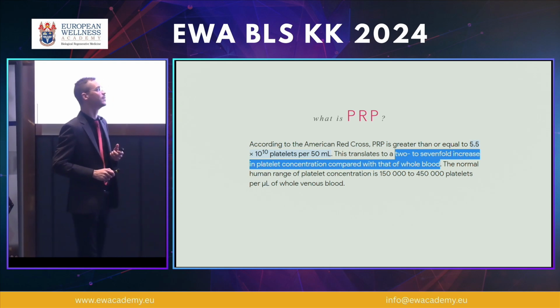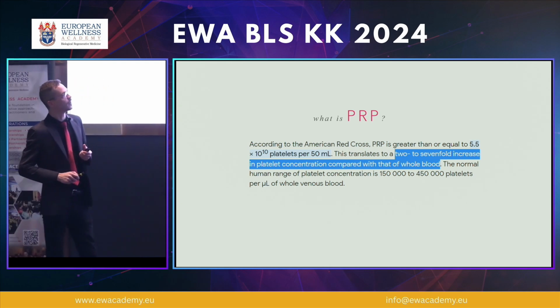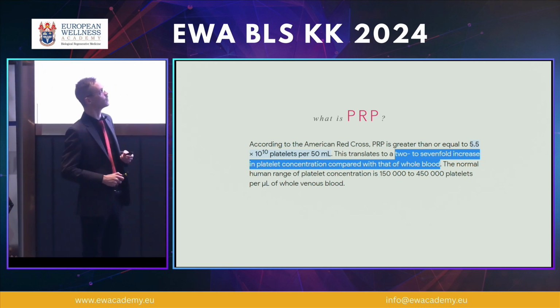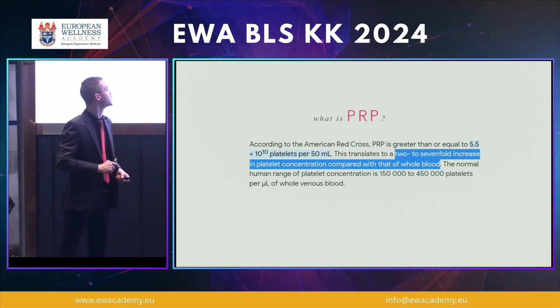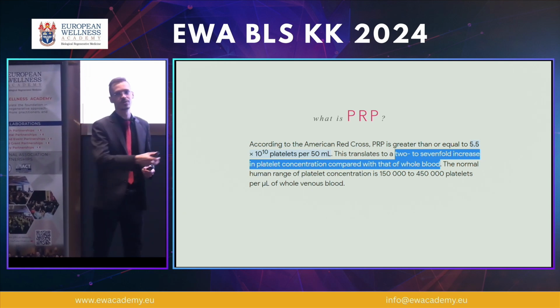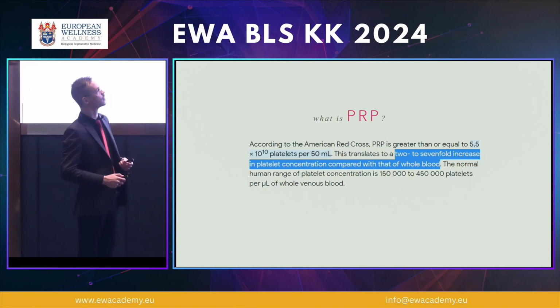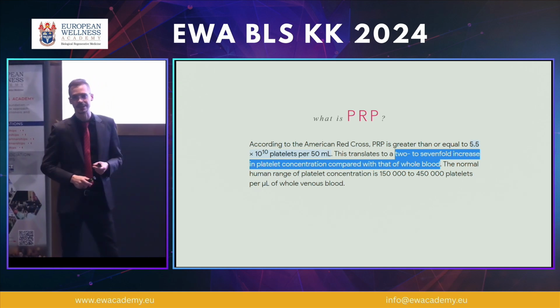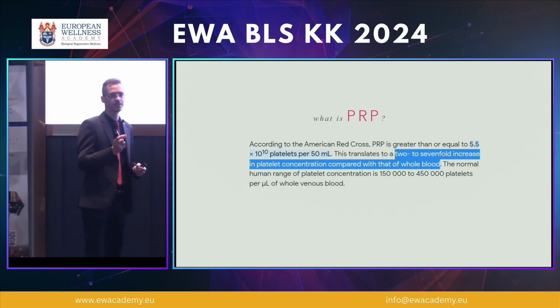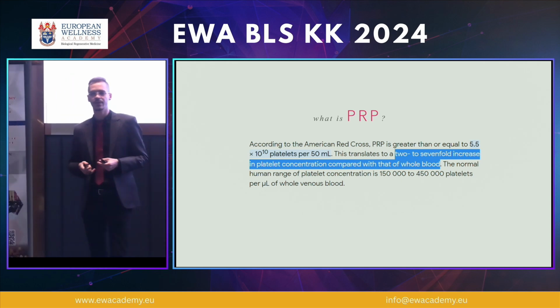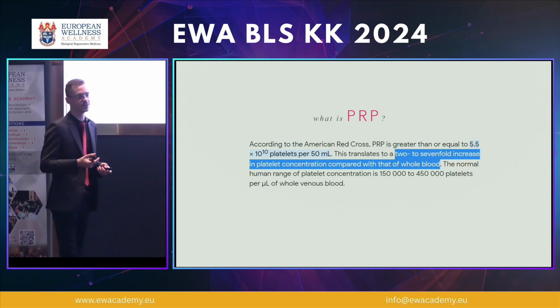So let's say we have a very robust, healthy individual that has 450,000 platelets per microliter in his blood. We collect his blood, we concentrate 2 folds of this number. So let's say we have 1 million platelets in 1 microliter. This is already PRP. We can claim it is PRP.